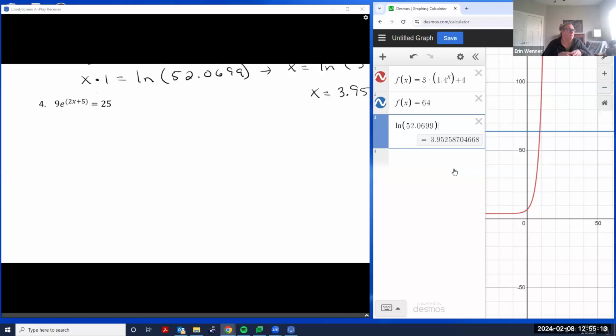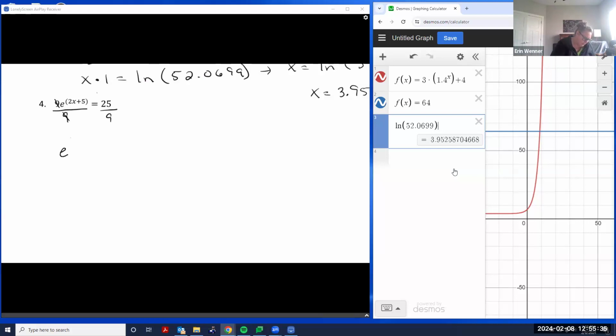When you're solving these exponentials, you want to try to isolate everything on one side so that the variable is in the exponent. Meaning I've got 9 times this stuff, so we're going to get rid of that 9 first by dividing both sides by 9.